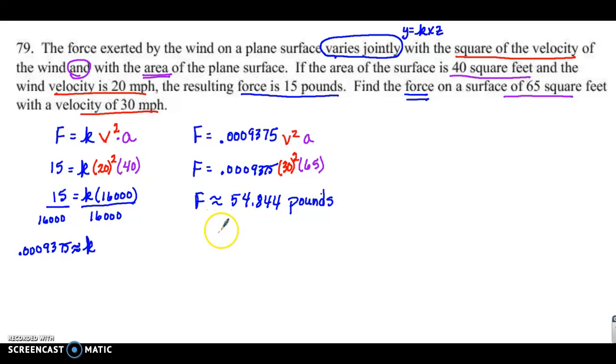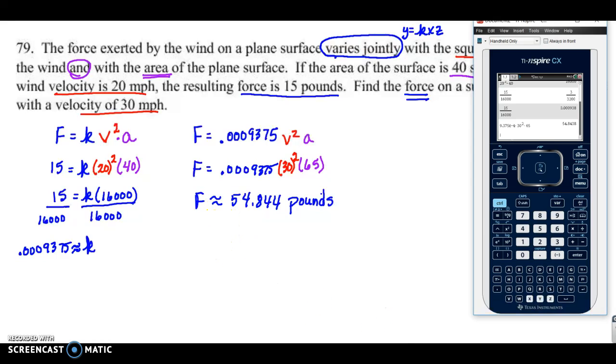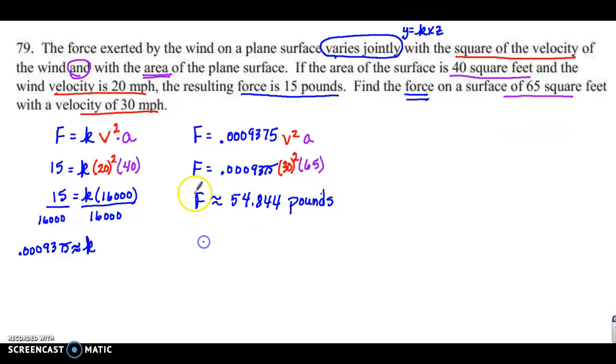Pounds because we're talking about force, and that's what they told us to use. So 54.844, and that gives you your final answer.